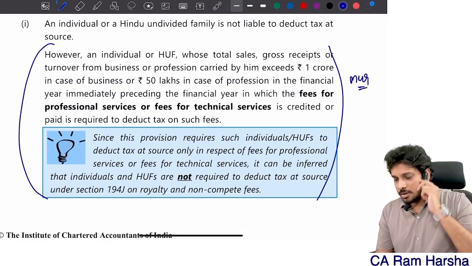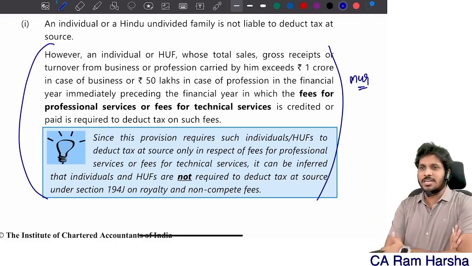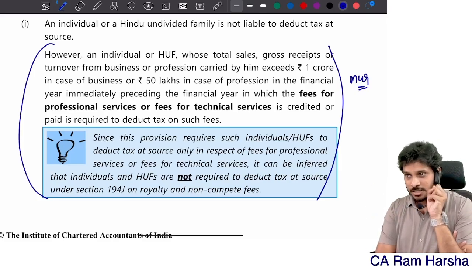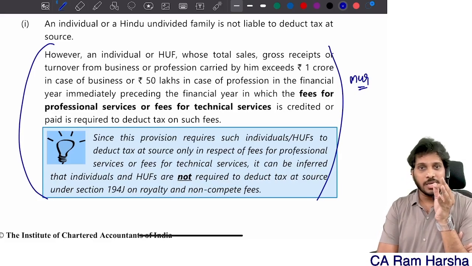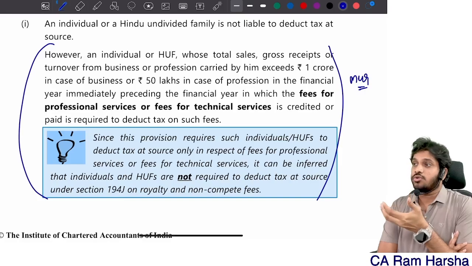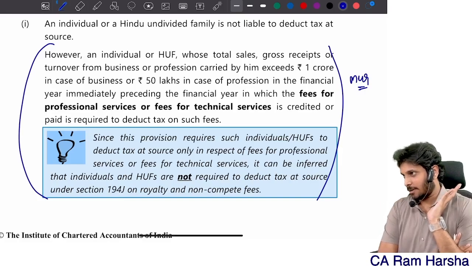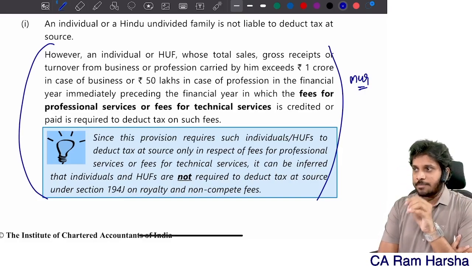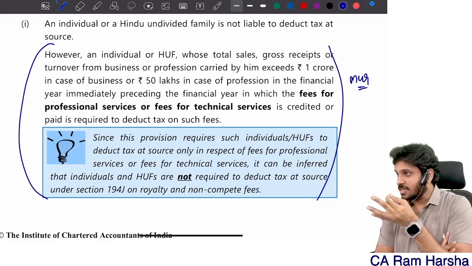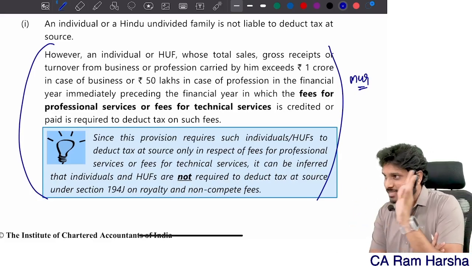Now, individual and HUF. Generally, what is the provision? What we know, there are 6 sections that are not applicable to individual and HUF whose turnover is less than 1 crore, whose professional receipts are less than 50 lakh. Now 194J is generally not applicable, right? Only towards 2 items: fees for professional service, fees for technical service, only that exemption.